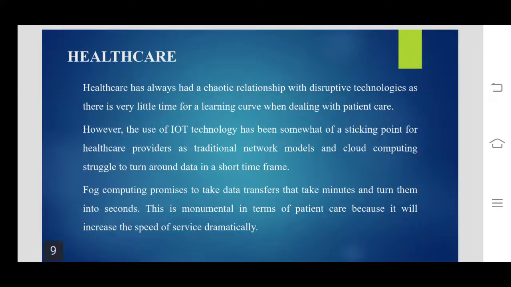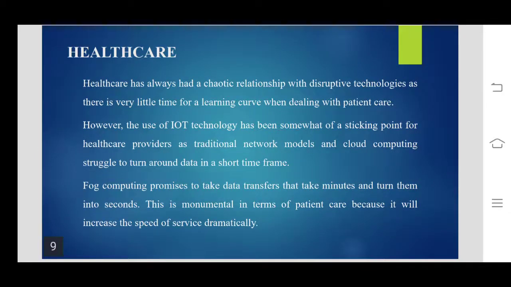First on healthcare. Healthcare has always had a chaotic relationship with distributed technologies as there is very little time for a learning curve when dealing with patient care. However, the use of IoT technology has been somewhat of a sticking point for healthcare providers as traditional network models and cloud computing struggle to turn around data in a short time frame.